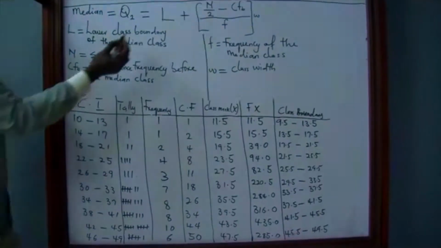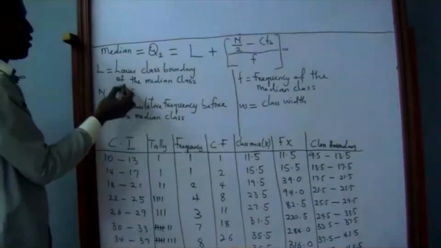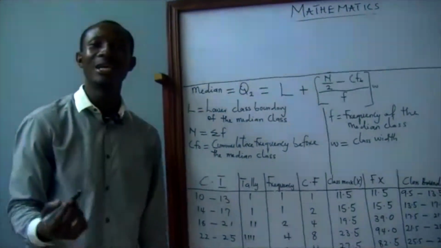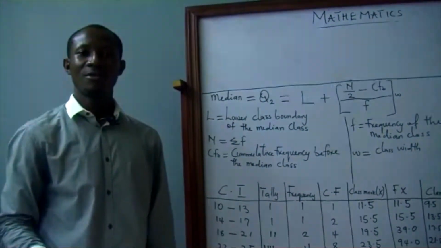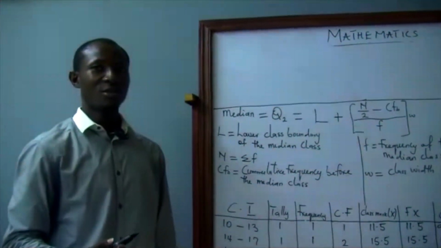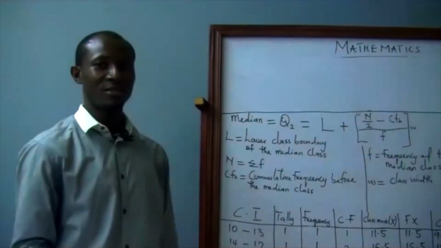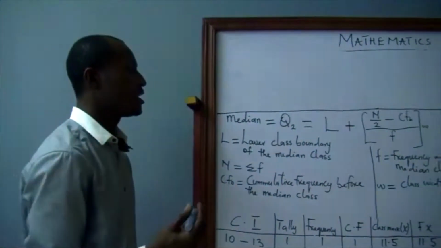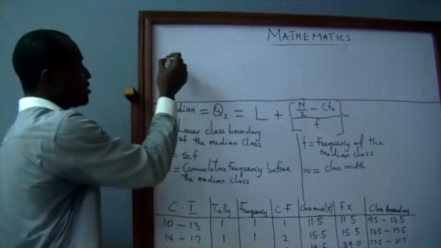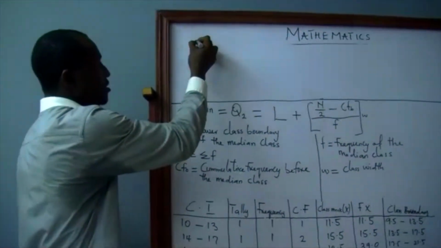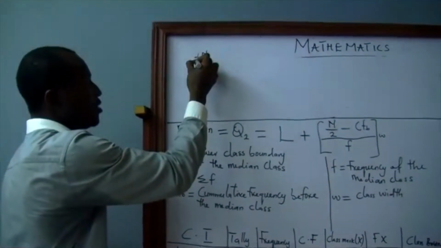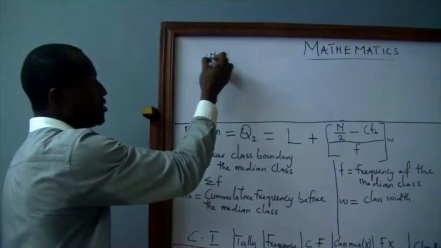So here, lower class boundary of the median class. That means we have to first obtain the median class. If we do not know the class, we can't proceed. So how do we know the median class? Recall that I said the other time that median is obtained like this: 2n over 4, which is Q2.